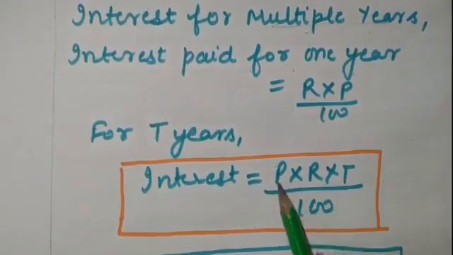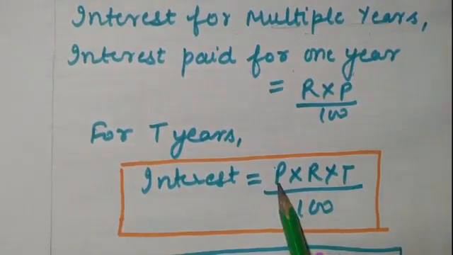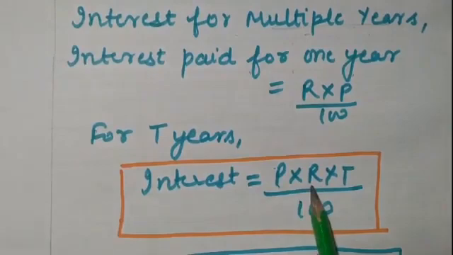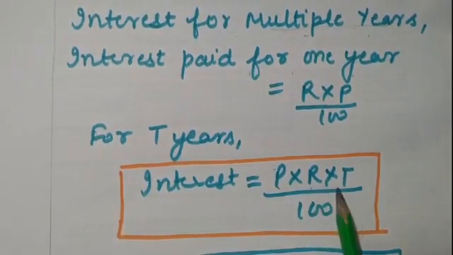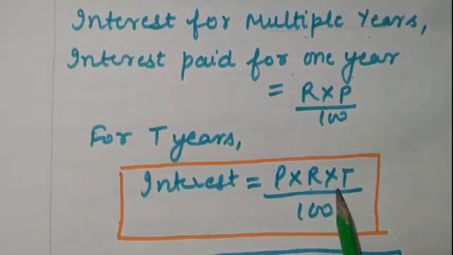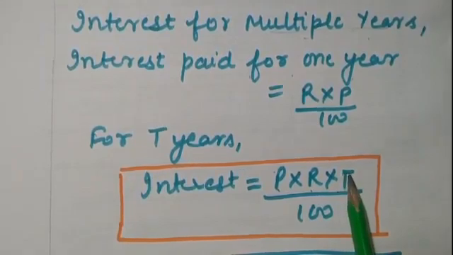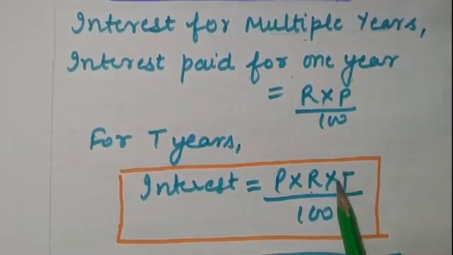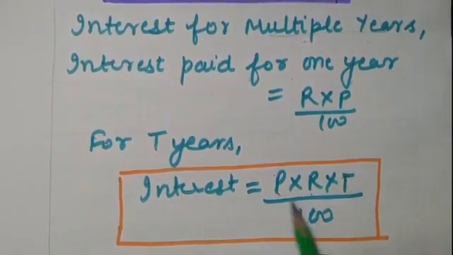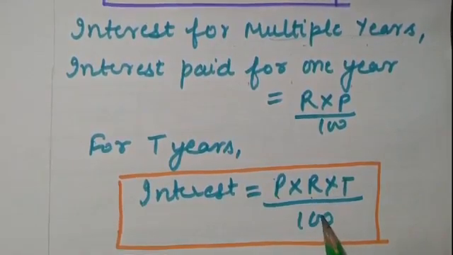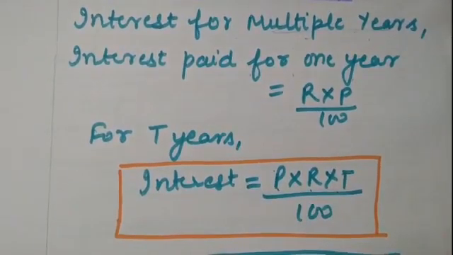Here P is the principal, that is amount borrowed, R is the rate of interest per year, and T is the time, for how many years the money is to be kept with the borrower. So this is how you can calculate simple interest.